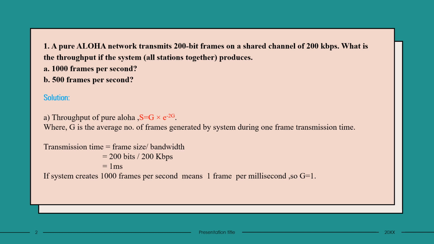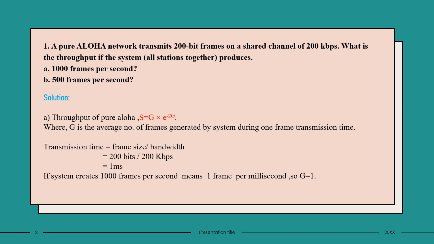S is equal to G into e to the power of minus 2G, where G is the average number of frames generated by the system during one frame transmission time. So first we have to find out the transmission time.